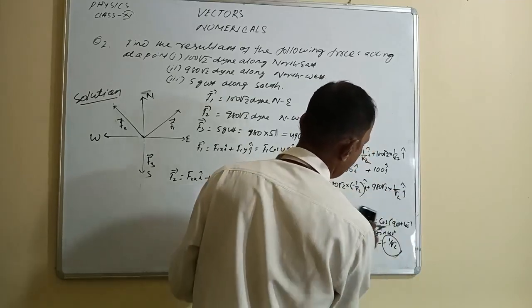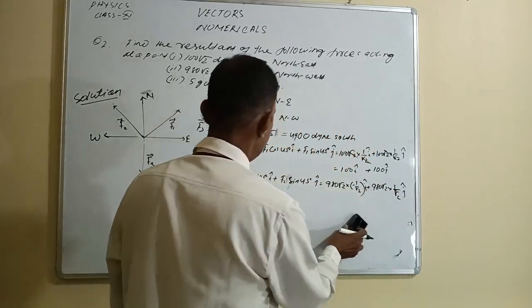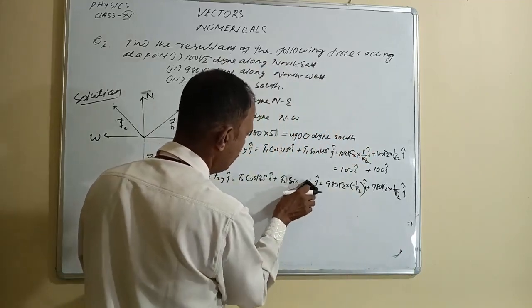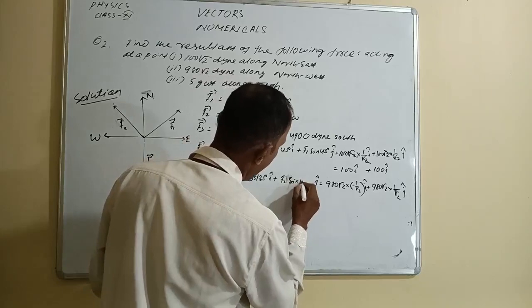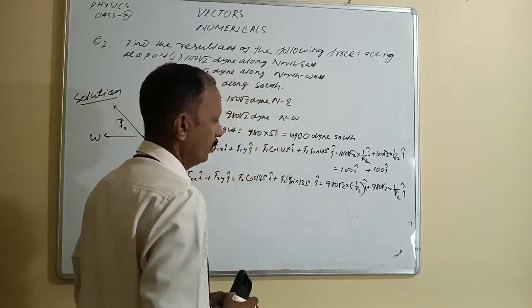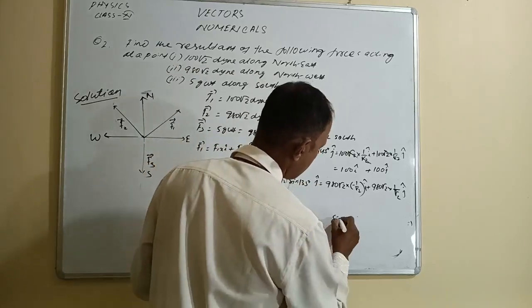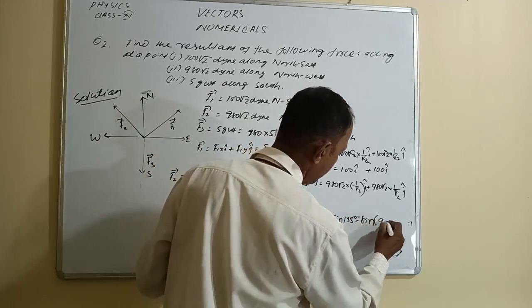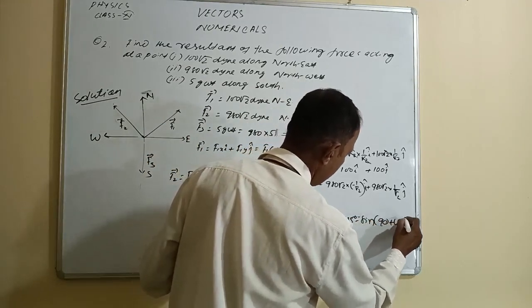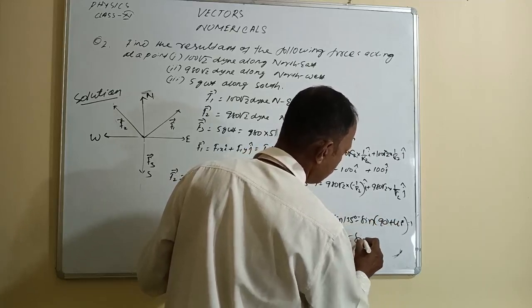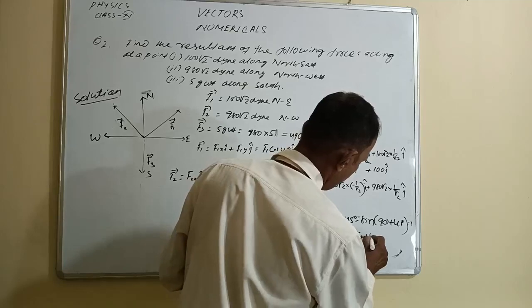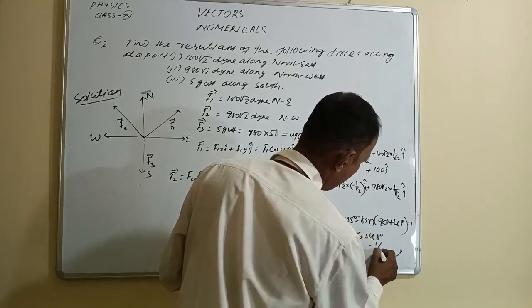This is very important. I have committed one mistake here. This is sin 135 degree. You know that sin 135 degree is equal to sin of 90 plus 45 degree, that is equal to cos 45 degree, which is equal to 1 upon root 2.